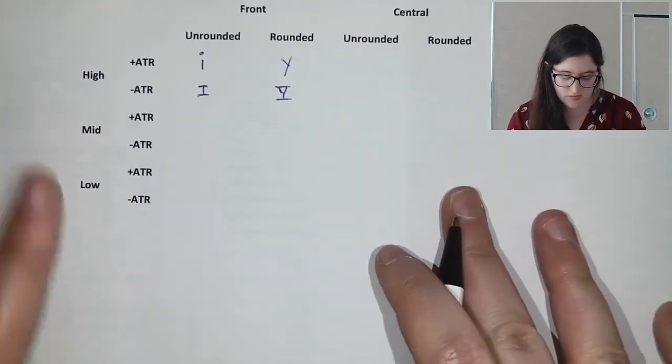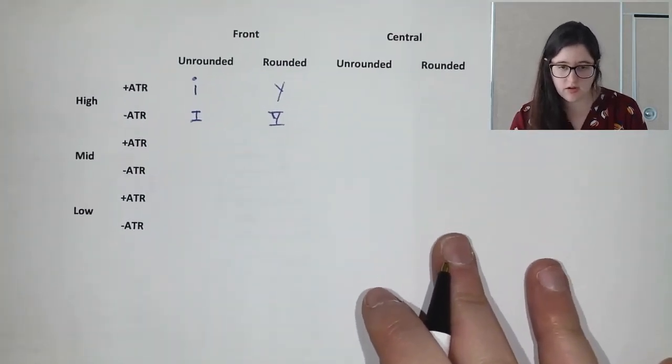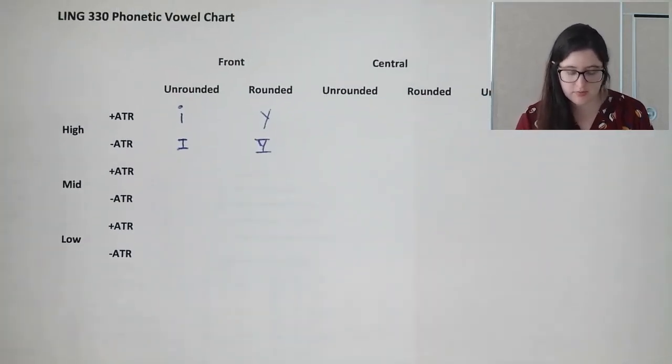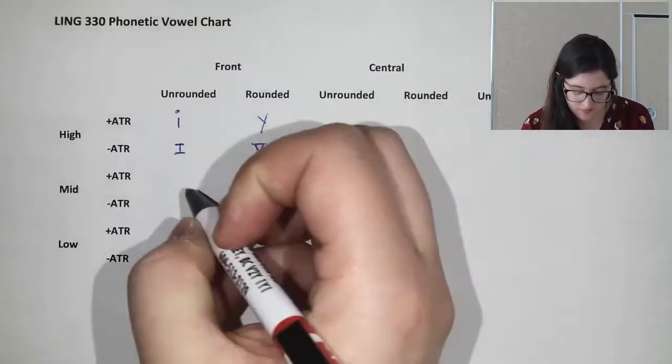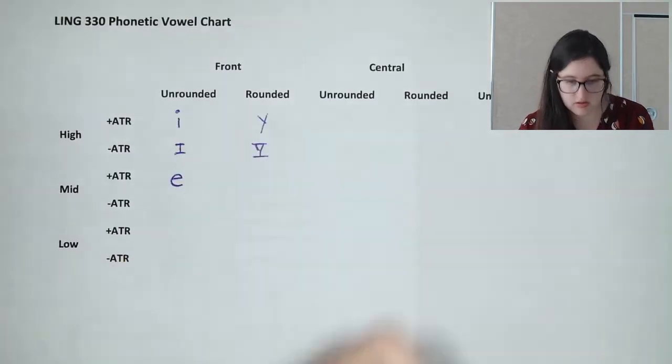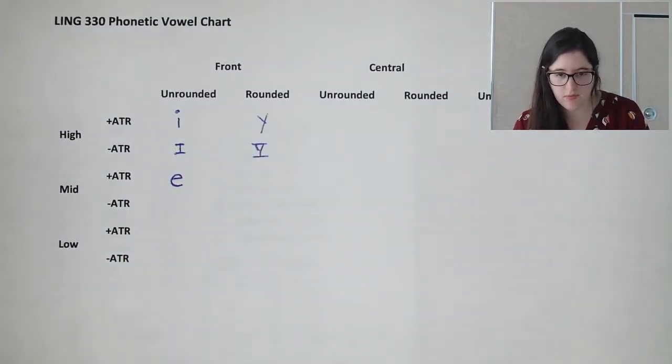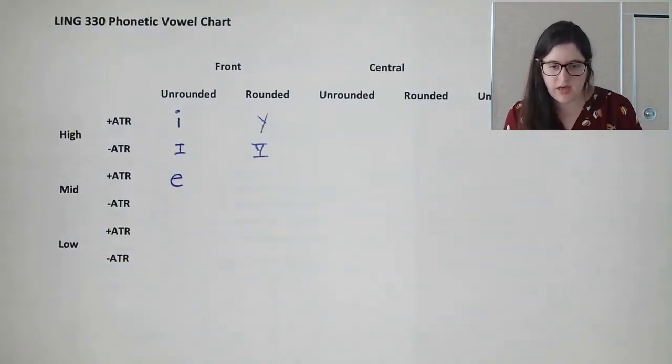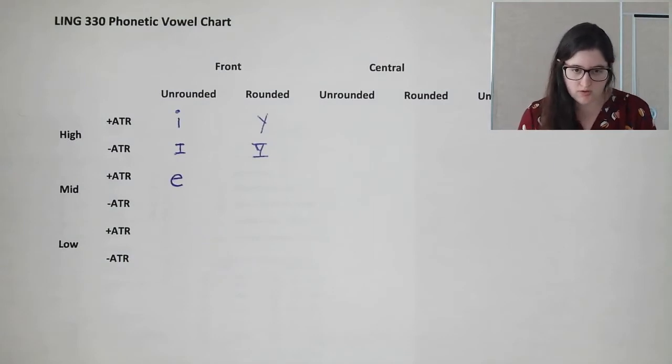Then moving down, still in the front vowels. So our mid-front vowels, we have A, which I said is represented with the letter E symbol. And the rounded version of that is Ö. So A, Ö.